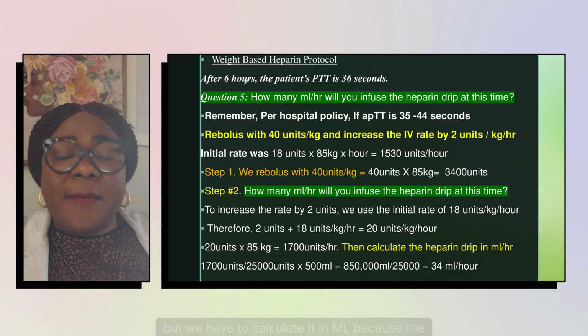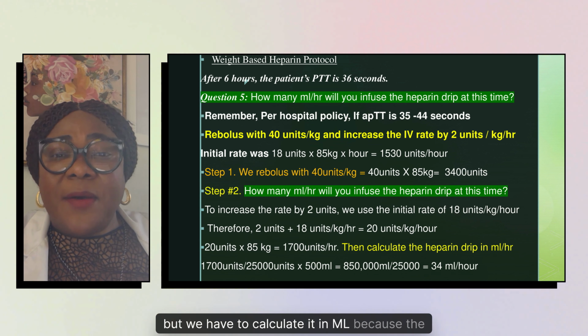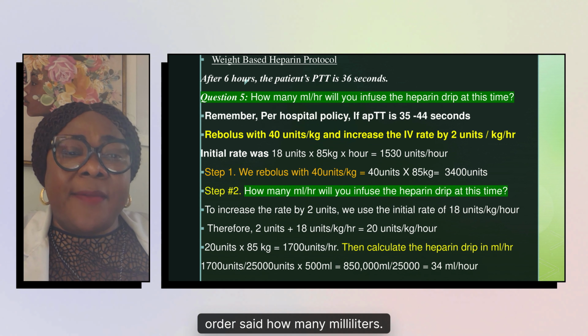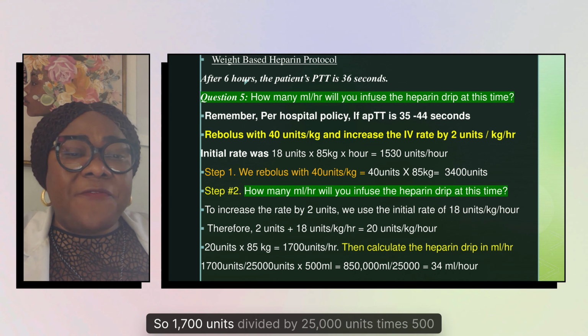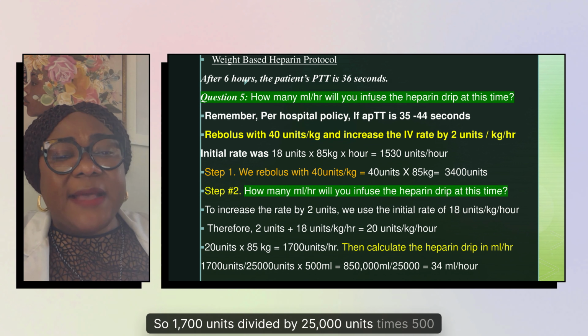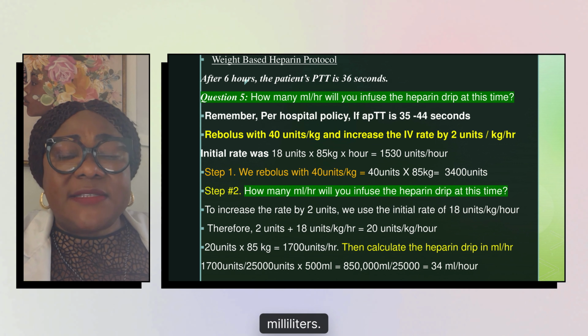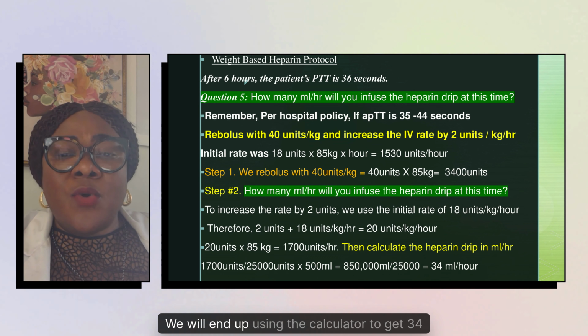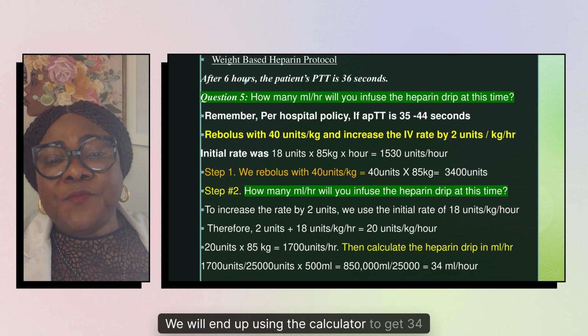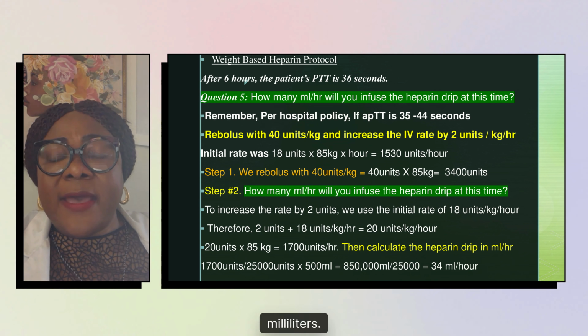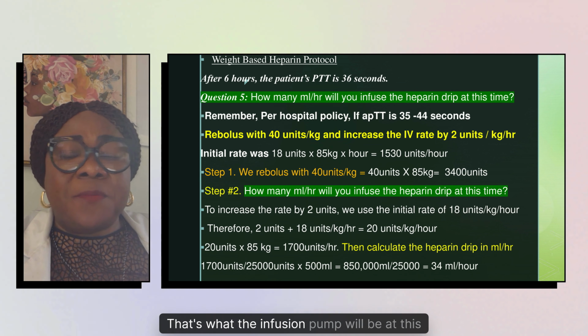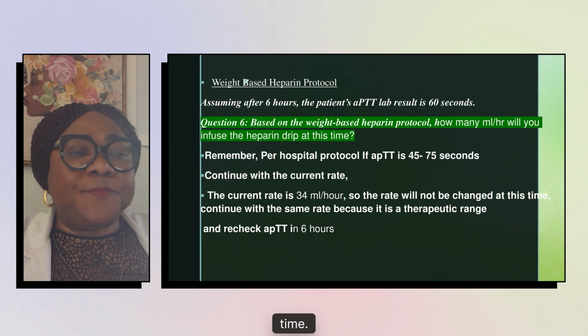But we have to calculate it in ml because the order said how many ml. So 1,700 units divided by 25,000 units times 500 ml. We will end up using the calculator to get 34 ml. That's what the infusion pump will be at this time.